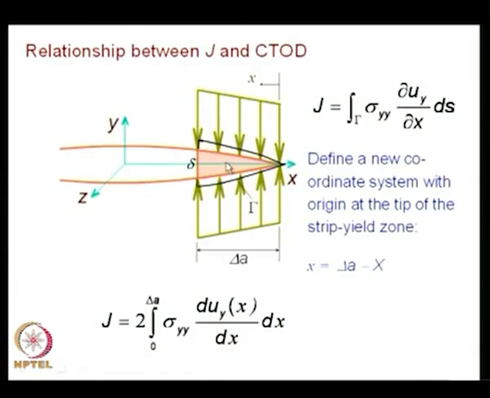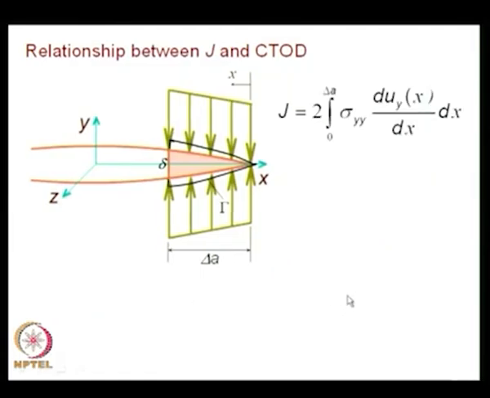And if you look at what is 2 uy, nothing but delta at any position. Delta is actually twice the value of the displacement uy. So, if I use that identity, I get a simplified expression J equal to integral 0 to delta sigma ys into d delta.